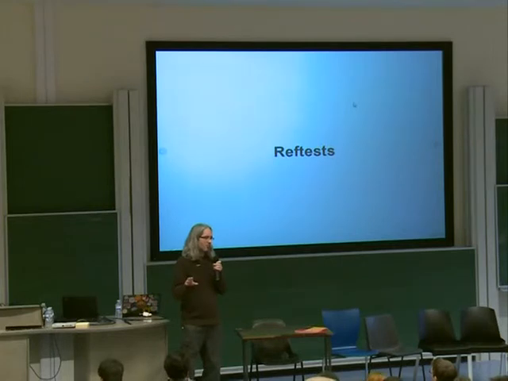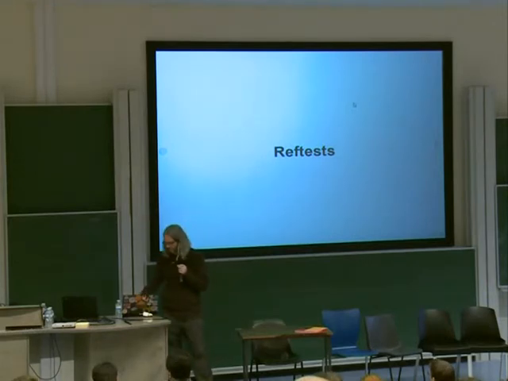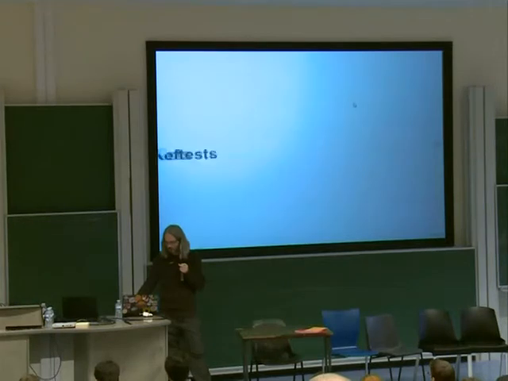So typically what you might do is, say you have a test involving Flexbox, you would make one page use Flexbox and render a green square, and one page use just normal positioning and render the same green square. And then obviously when Flexbox is broken, you won't get a green square, you'll get something else. So that's how we automate tests that can't be simply automated through JavaScript but depend on layout.